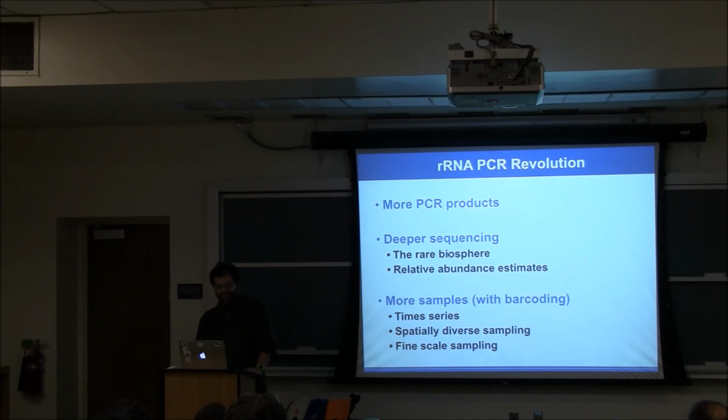And that deeper sequencing allows you to sample not only rare organisms, but get a better picture of the relative abundance of organisms in that sample by counting the number of hits you get to different taxa. And of course, one thing that has come up in the last couple of years is that you can use this massive amount of sequencing to characterize many, many samples at once by adding little sequence-based tags to each sample and then pooling all the samples together into one run of one of these sequencing machines, deconvoluting the data afterwards.